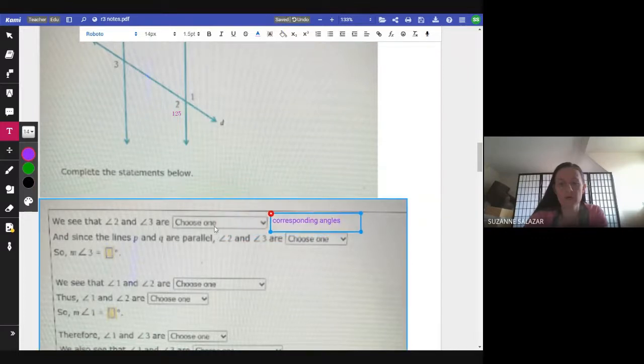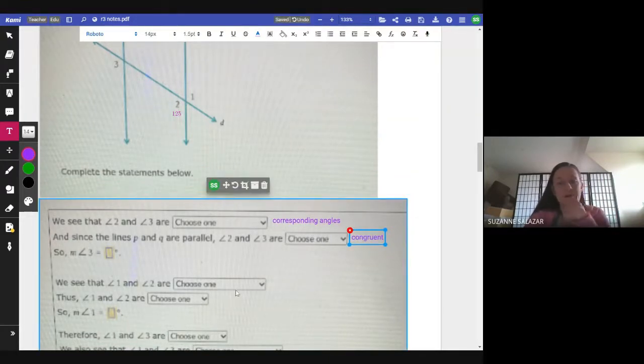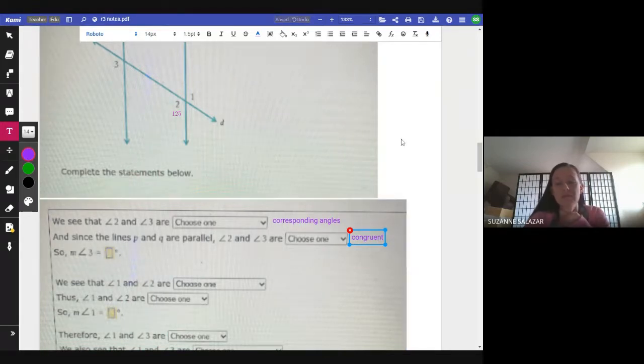Angle 2 and angle 3 are corresponding angles. And corresponding angles are congruent if the lines are parallel. So because the lines are parallel, that means the angles have to be congruent, which means angle 3 is the same measure. So angle 3 is also 125.